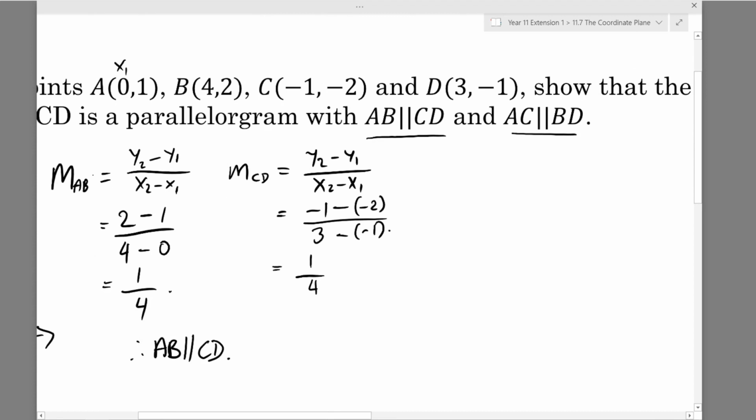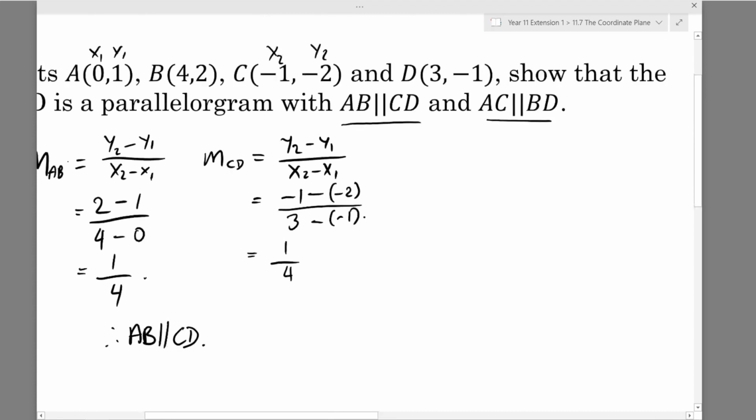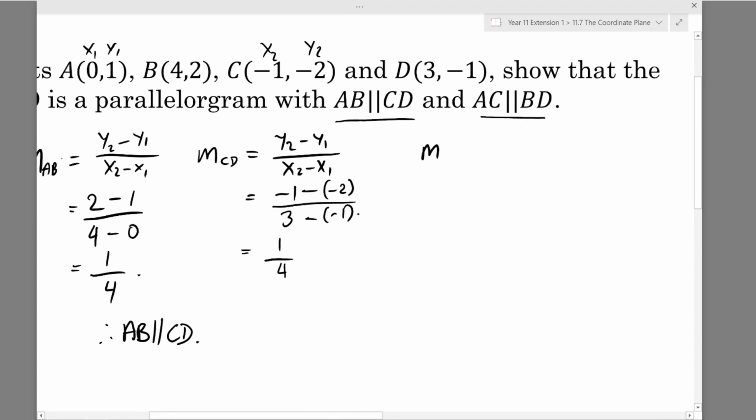I'm going to go x1, y1, x2, y2. So M of AC is equal to y2 minus y1 over x2 minus x1.